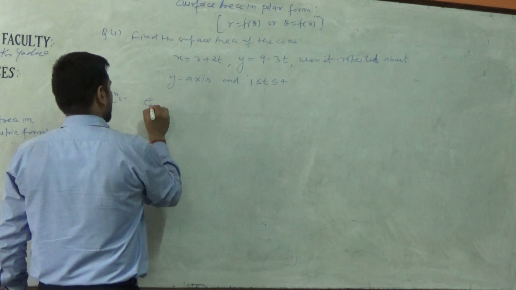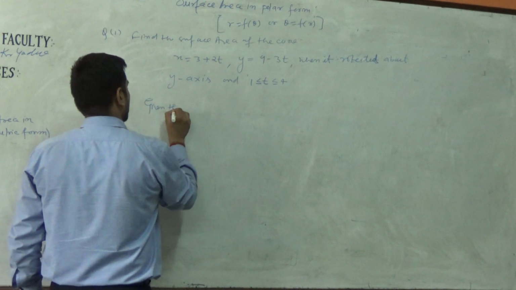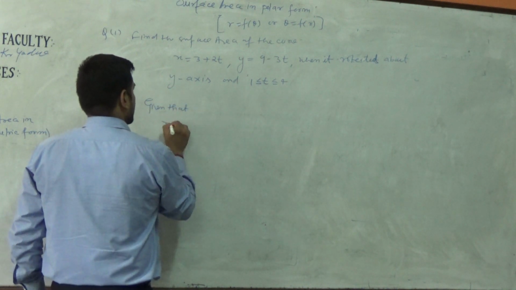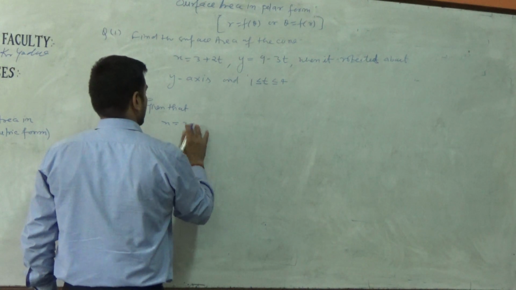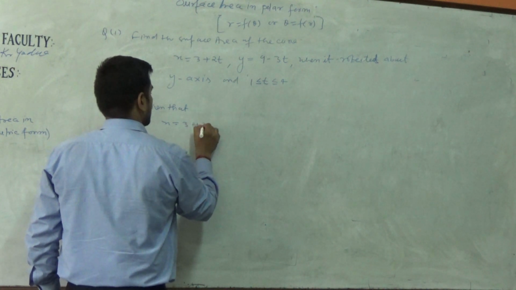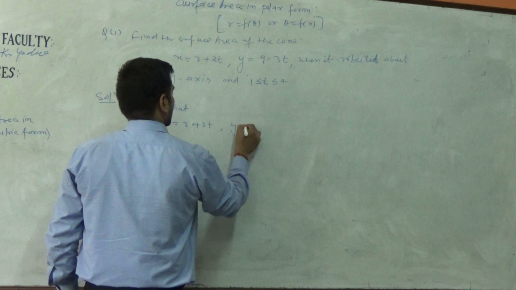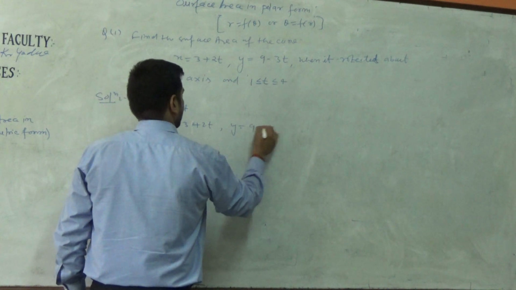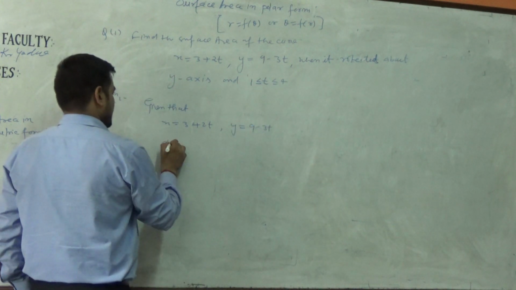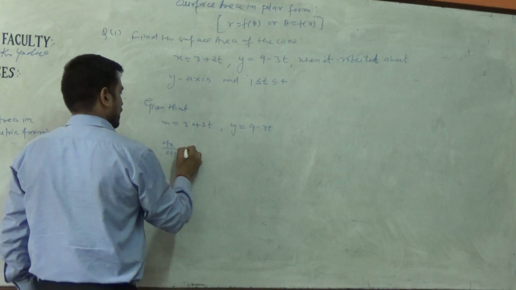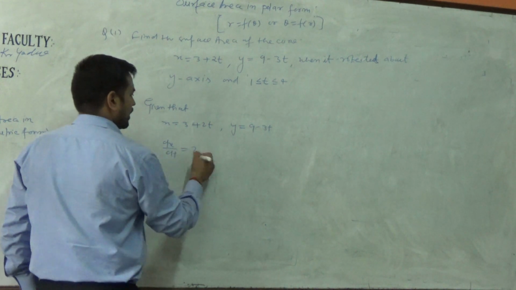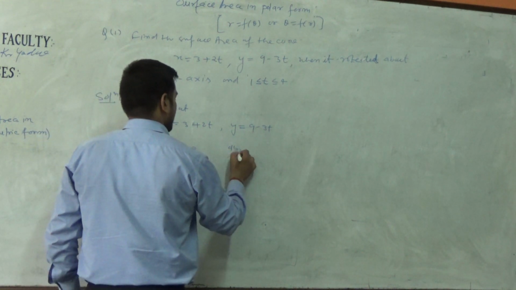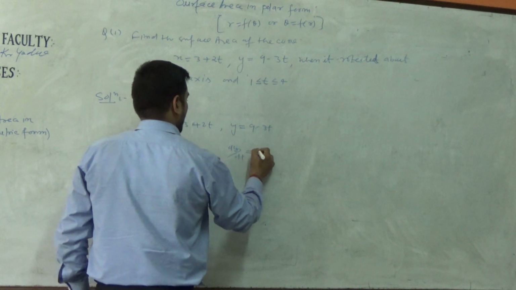Given that x equals 3 plus 2t and y equals 9 minus 3t. Now dx upon dt equals 2 and dy upon dt equals minus 3.